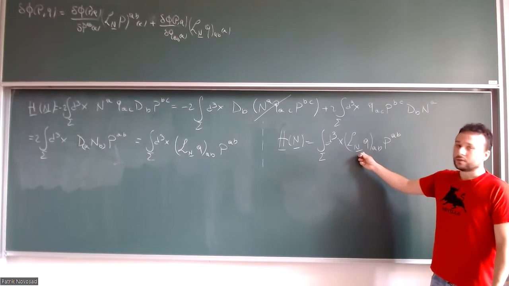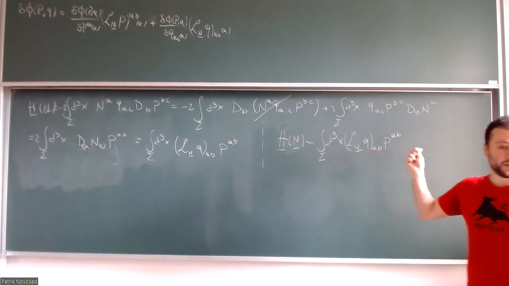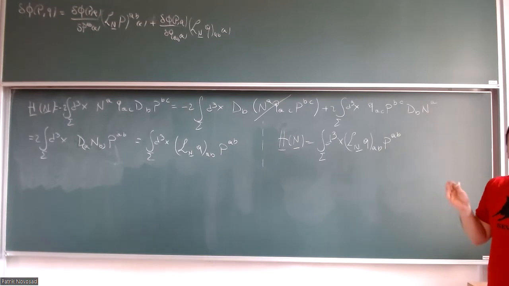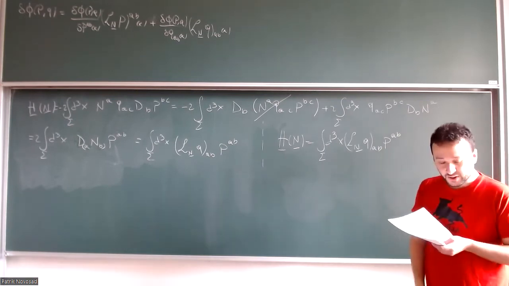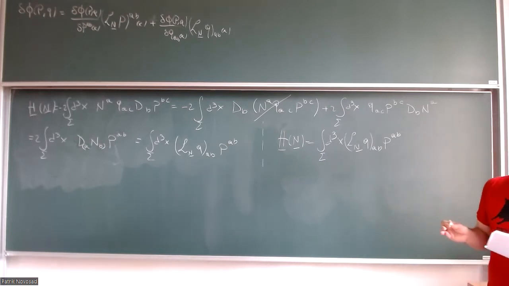So what we can do is just to use a property of the Lie derivative on the tensor product between tensors.